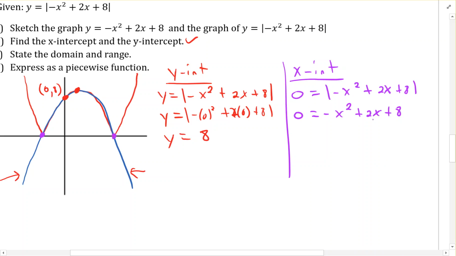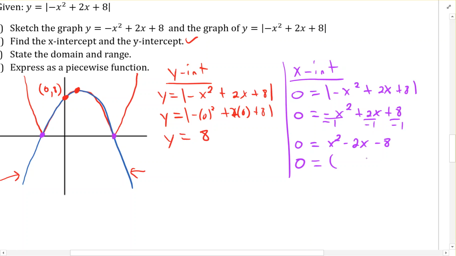Because if I divide everything by negative 1, all it does is swap all of my symbols. So divide by negative 1, divide by negative 1, and divide by negative 1. We'd have 0 is equal to x squared minus 2x minus 8. This would be the exact same thing as if I just moved everything over to the left too. So however you feel comfortable.